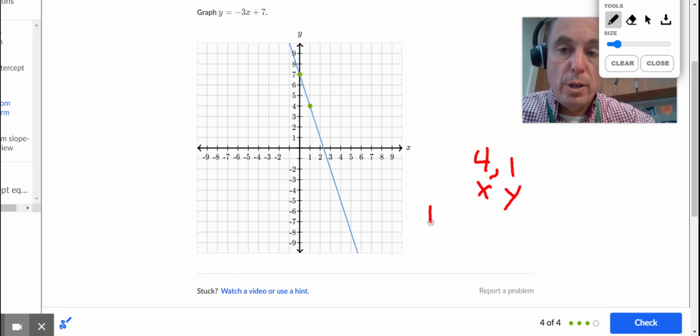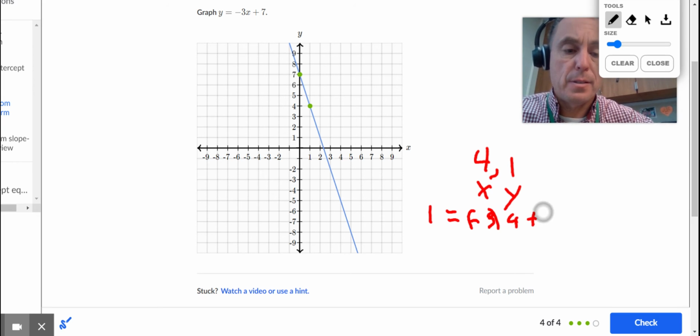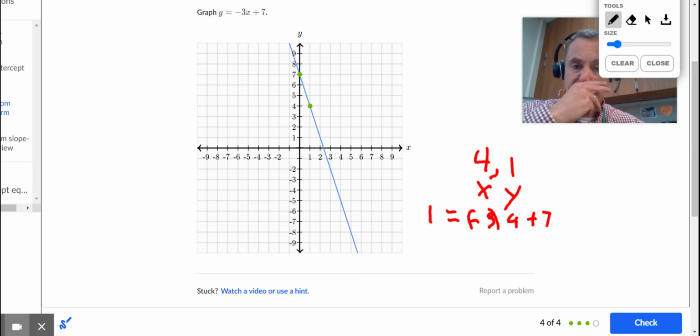So I get 1 equals -3 times 4 plus 7. That's not, it's not working.